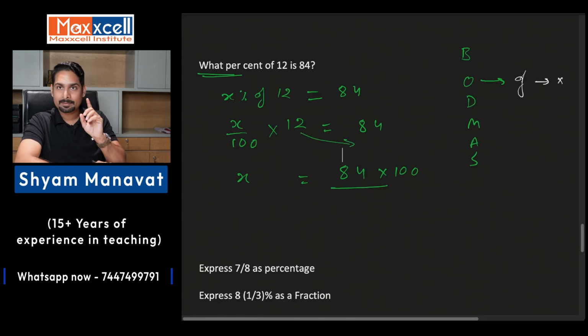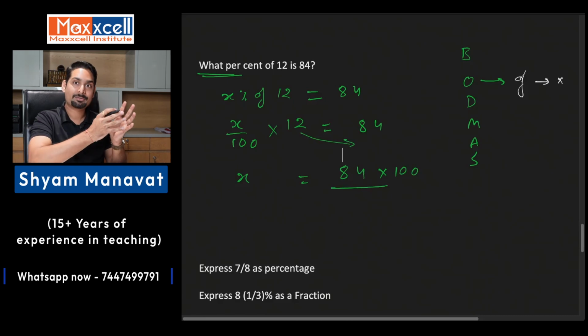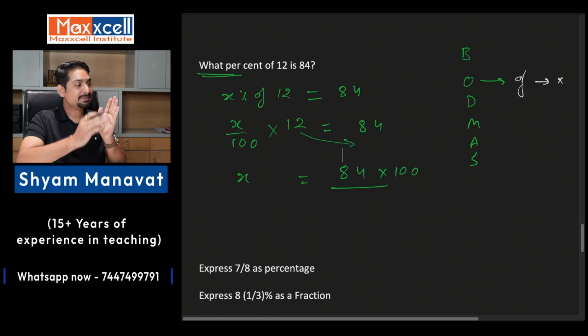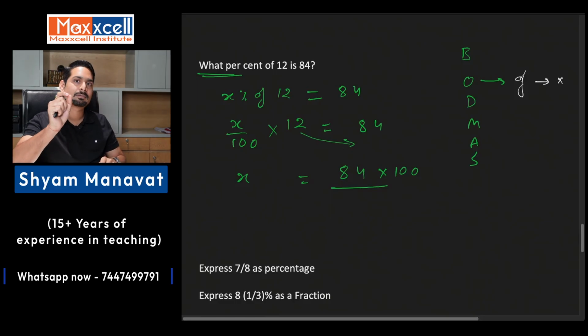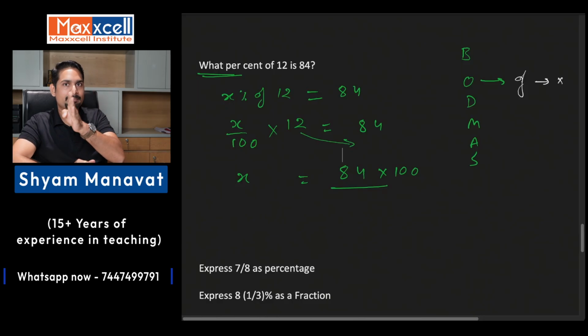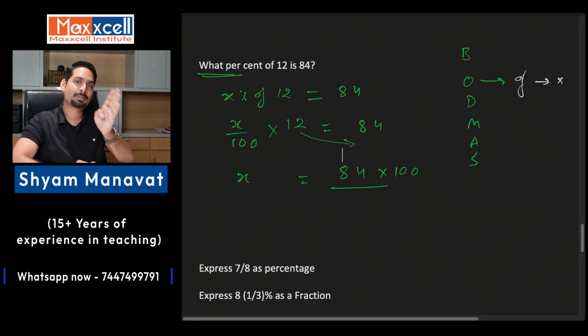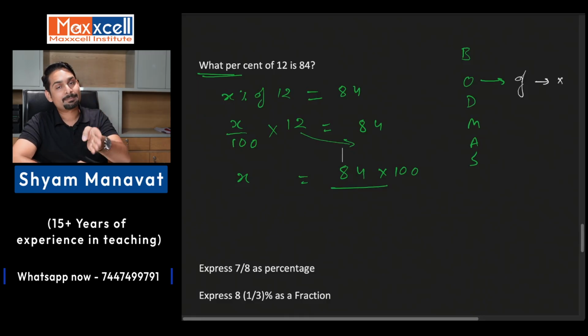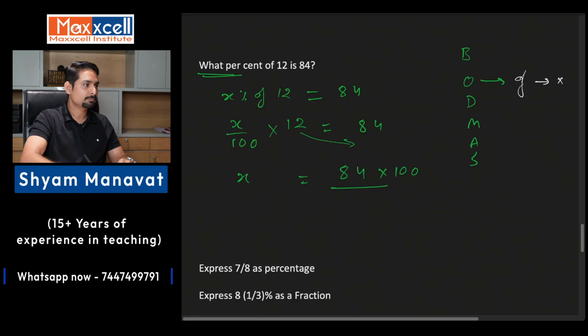Okay, in case you don't know, let me teach you this also. When you change the side, the mathematical sign gets interchanged. That means multiplication becomes division, division becomes multiplication, plus becomes minus, minus becomes plus.